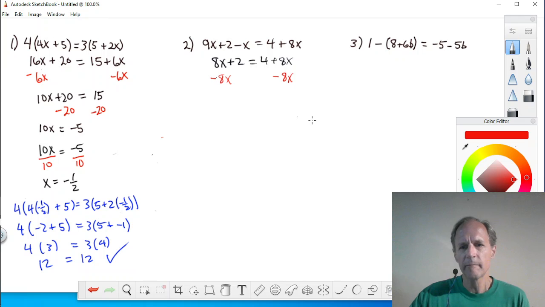Okay. On the left, we just have 2. On the right, we just have 4. Okay. That doesn't look helpful, but actually it is helpful. We're done. What does it mean? We got 2 equals 4. That's not true. 2 does not equal 4.